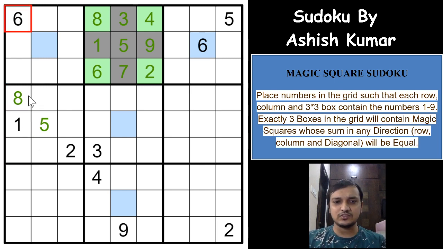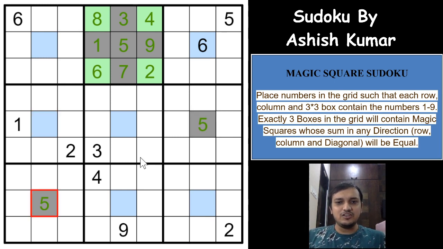But you already have a 6 here, which means that this is not a magic square, which means this will be a magic square, which will be a 5, and this will not be a magic square again, which means this has to be a magic square, which means this has to be a 5 and this has to be a 5. We have found all the 3 magic squares so easily, right? It was such an easy task to do.